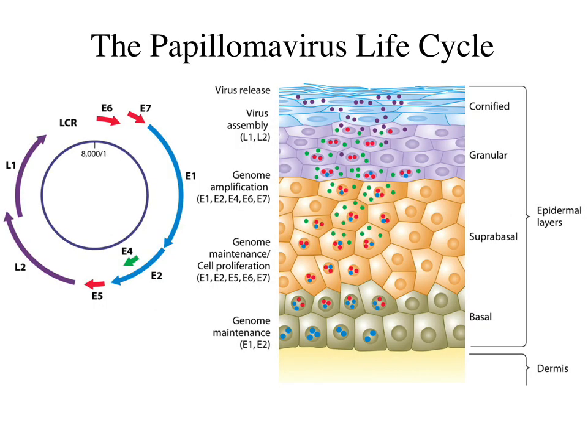Following viral entry and uncoating, HPV genomic DNA is transported into the nucleus and maintained at a low copy number in the basal cells, anywhere from 50 to 100 copies per cell in the basal layer. If you take a look at this illustration, you can see the structure of the epithelial tissue here.